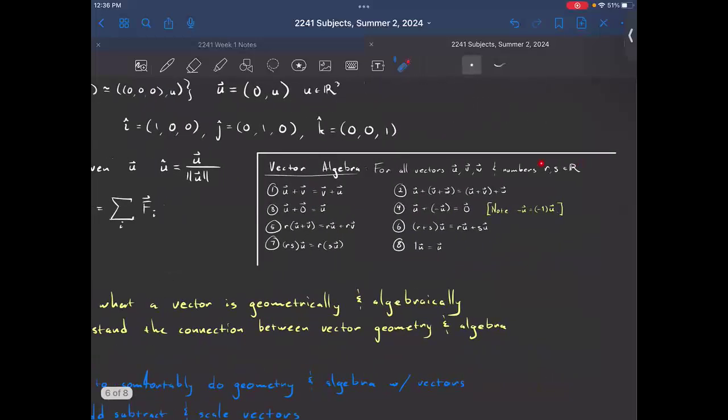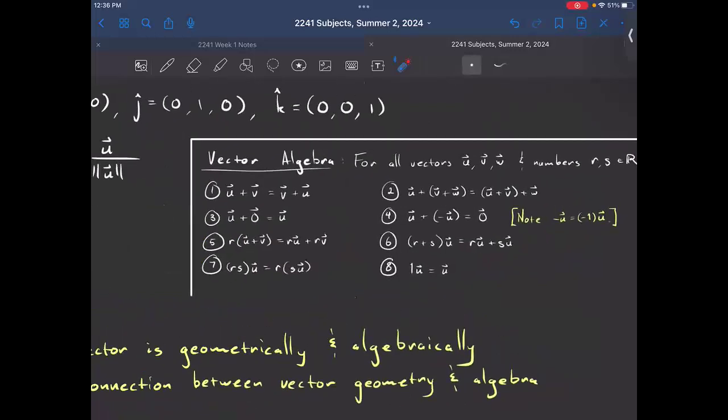And then we have vector algebra. So this is telling us how to do algebra with vectors, essentially. And you'll notice that some of these are very familiar. We have the commutative rule: you can swap addition. The associative rule: you can move parentheses around.